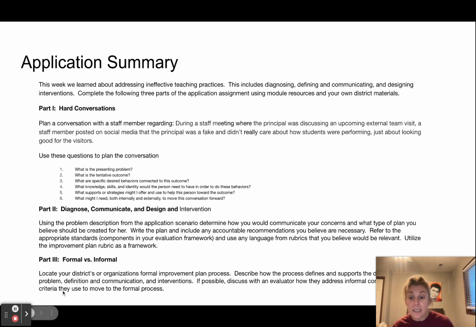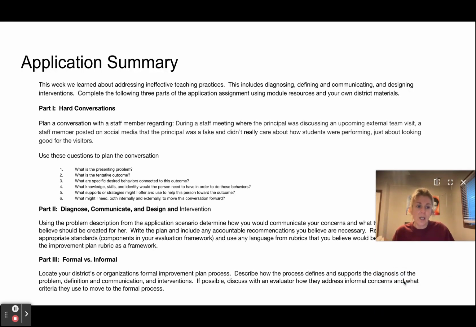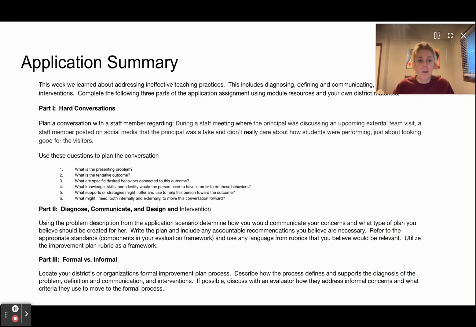And then finally, I want you to start thinking about this like informal versus formal. There are all kinds of strategies and practices that you can use. I'm going to move this up so you can see it. I want you to focus first on formal.